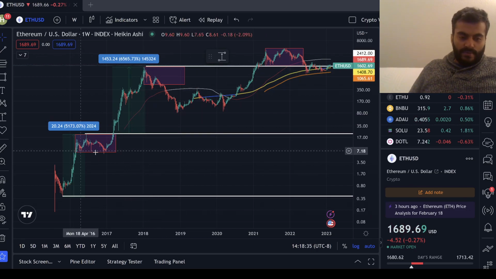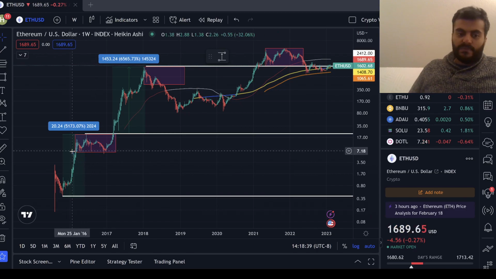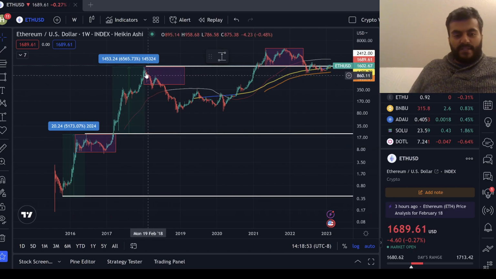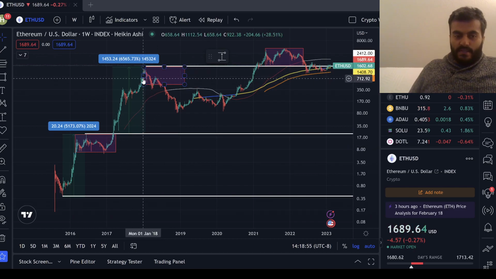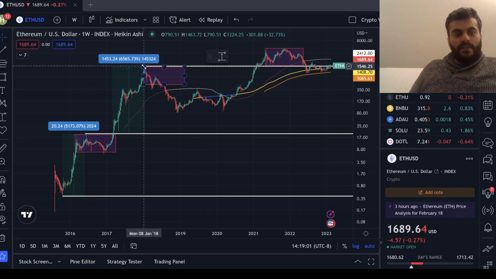In the first market cycle for Ethereum, once it stayed sideways for 14 months, from February to April almost, of 2016 to 2017, the Ethereum price action moved to the upside. Whereas in the second market cycle, something interesting happened after the peak was reached in January of 2018.